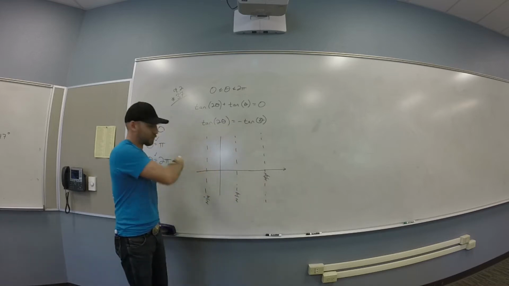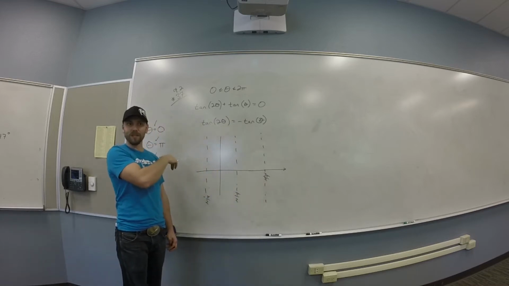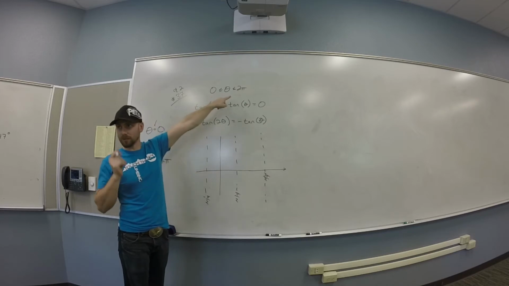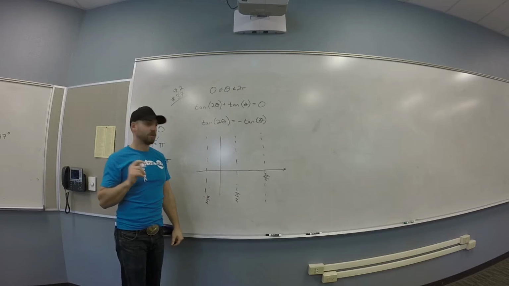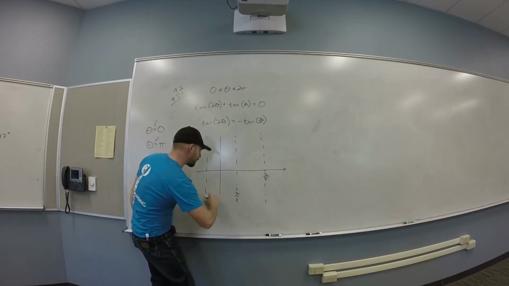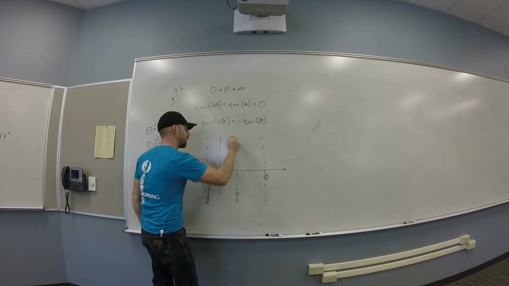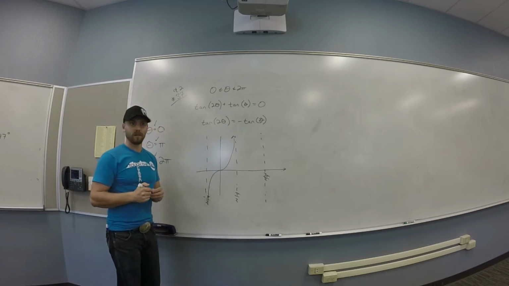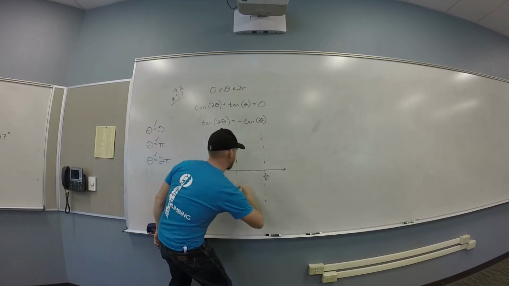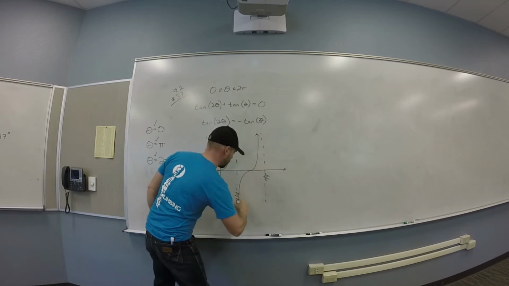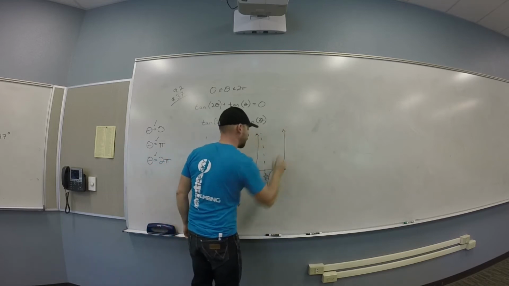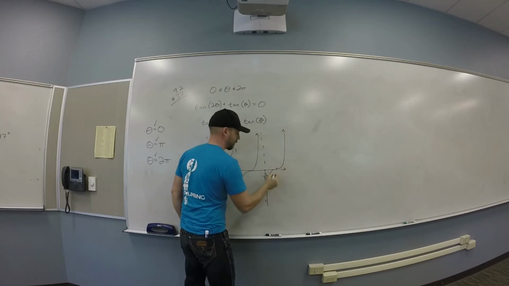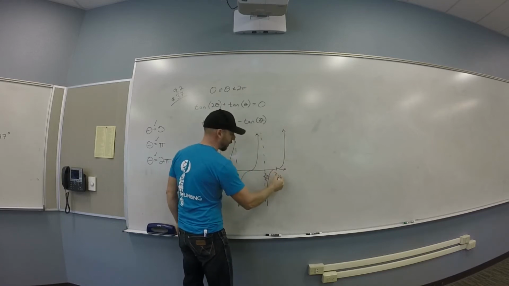There's more stuff on the negative side, but I don't care about that because they ask me to find angles between 0 and 2 pi. So tangent in here looks like this, and then the same thing repeating, up to 2 pi.